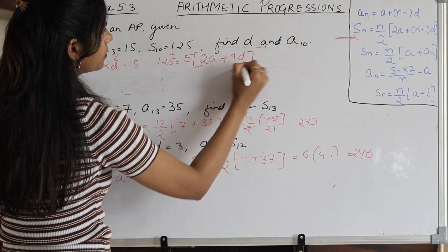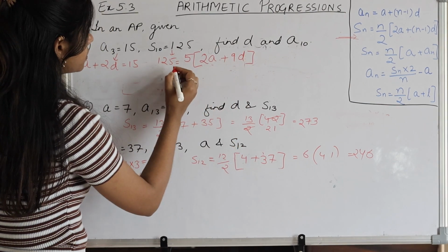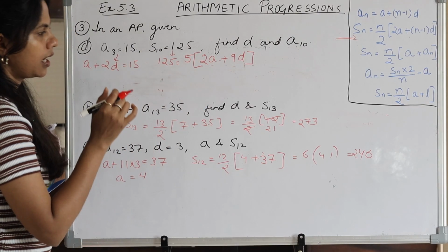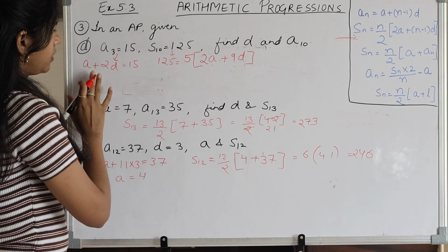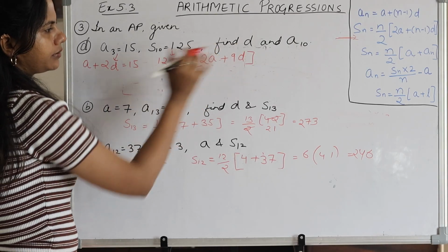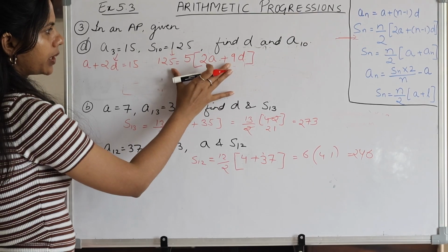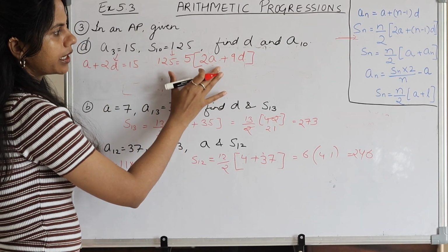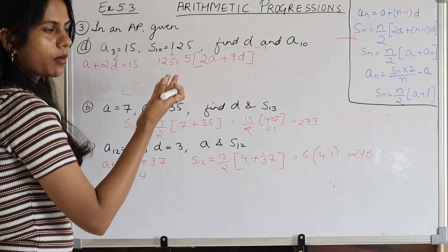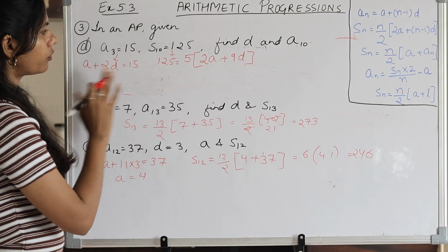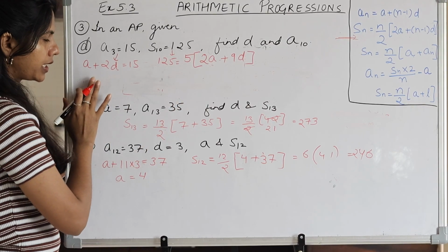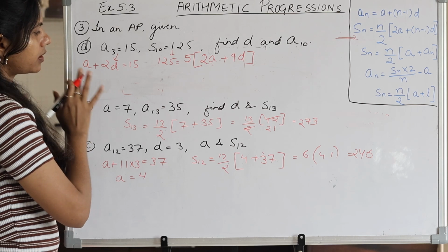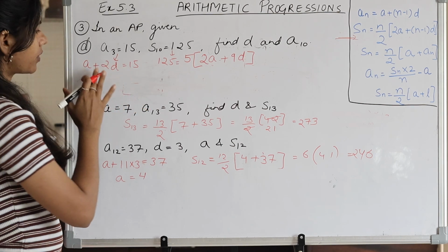We don't know d. Okay, so from here we now have two equations, and we have to find the value of d. We'll make a in terms of d from here.